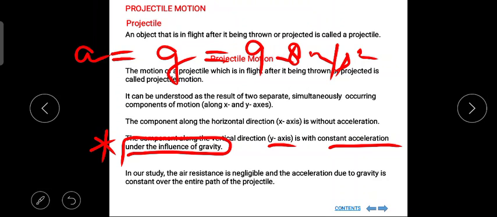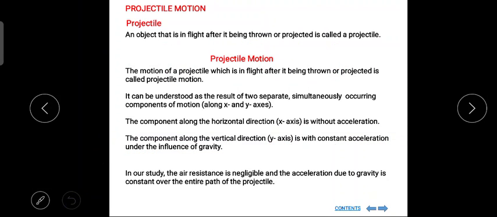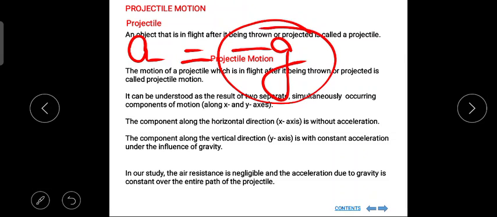Got the point? The direction of g will always be pointed towards the center of the earth, so it will always be taken as minus g. This is the assumption which I am making. Whenever we talk about the acceleration, you just have to put minus g. Okay, I have given you the reason.